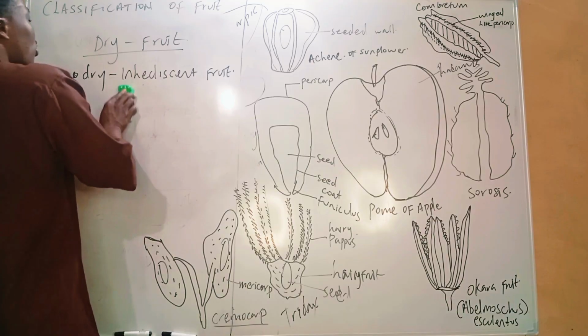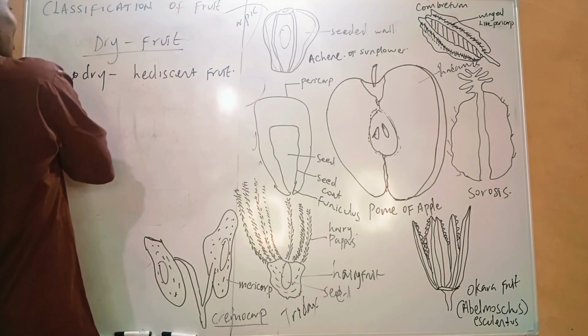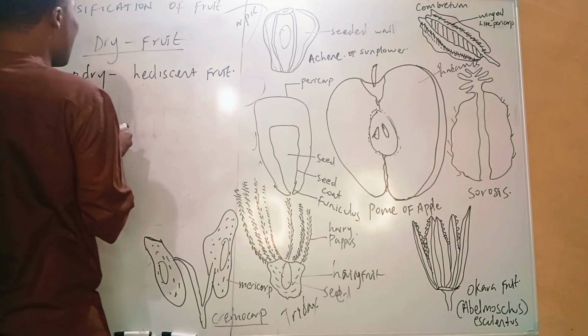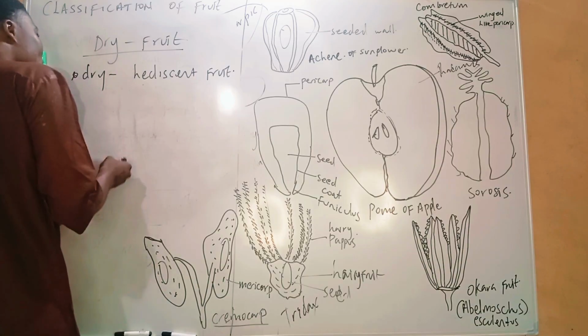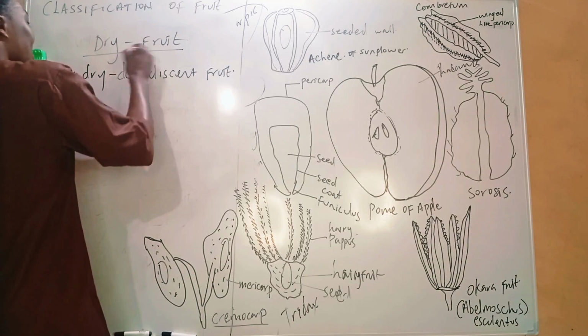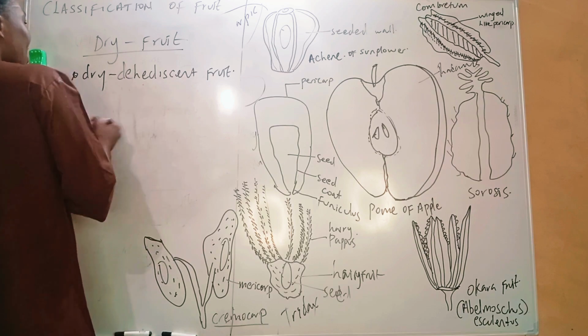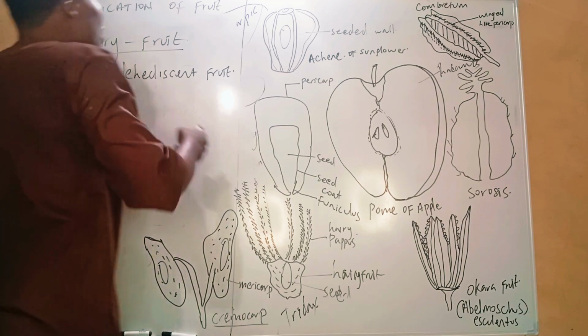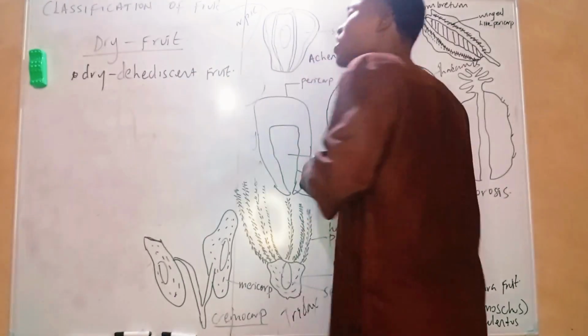So we're going to look at dry dehiscent. My spelling of indehiscent was not correct, it's indehiscent. Now I want to look at dehiscent first. What's a dry dehiscent fruit?